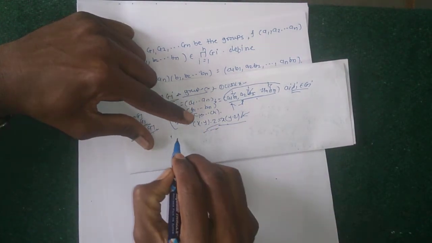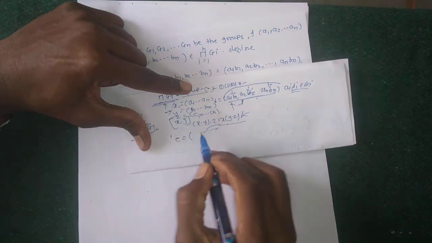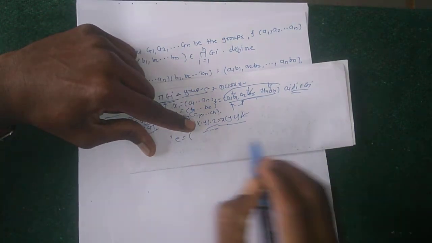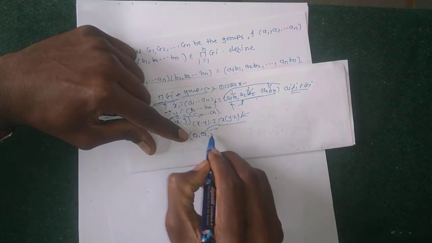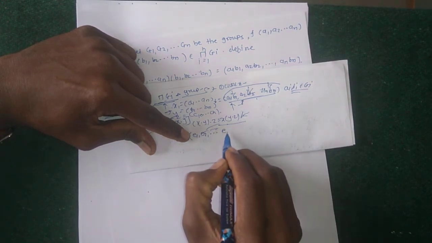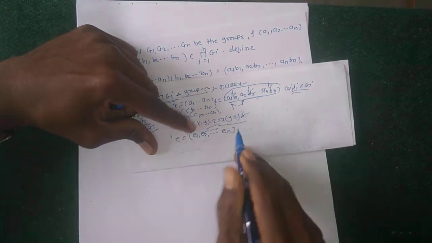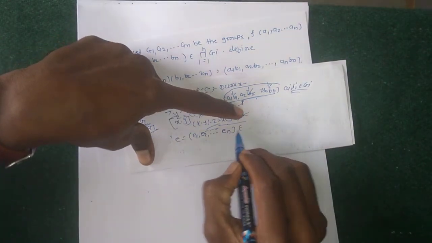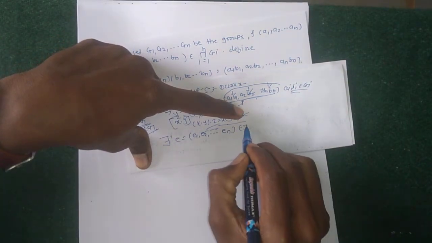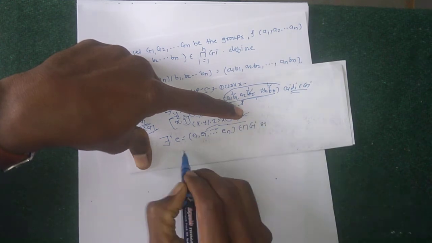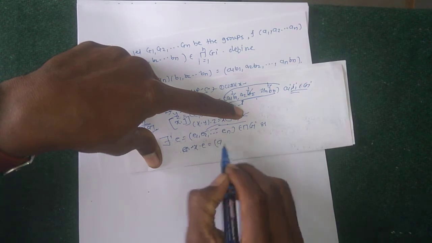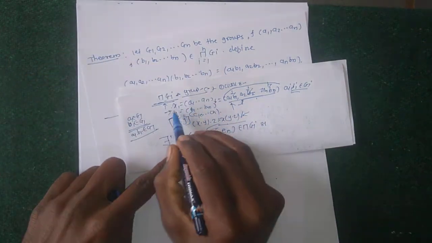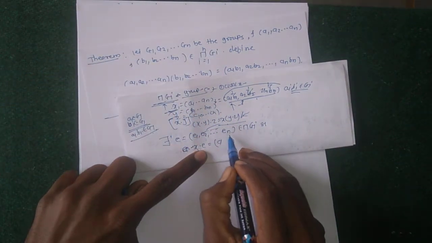Next, the identity property. Here the identity of this element is obtained by choosing the identity of each group: E1 is the identity of G1, E2 is the identity of G2, and so on up to En, the identity of Gn. This exists in the product of Gi such that x into E equals x itself. Suppose x is this and E is this element.